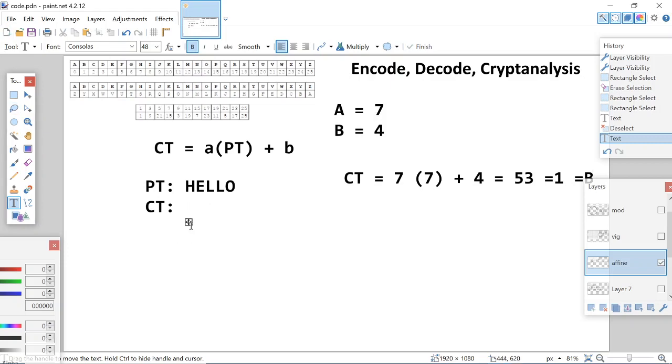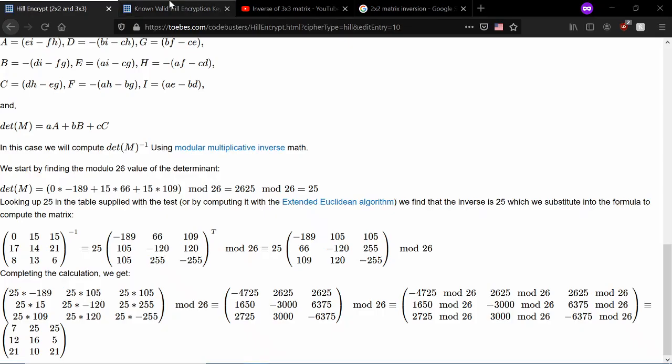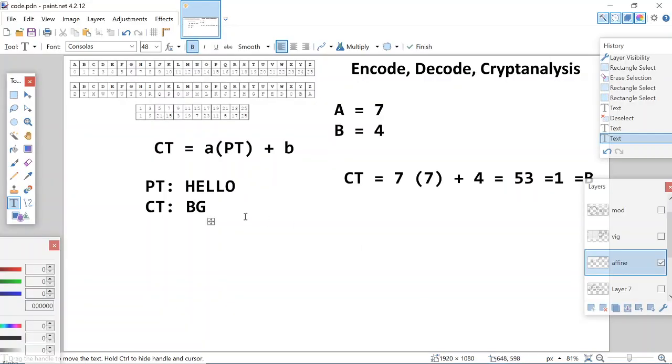In this case, it should be B, and then 28, so 8 times 4, 30, so 6, G, I think. Let me double check. Sorry, actually no. BG, 7 times 4 plus 4, minus 26, 6, 6 is G, L and L is 11, 11, 77, 77 plus 4, divided by 26, minus 3 times 26.